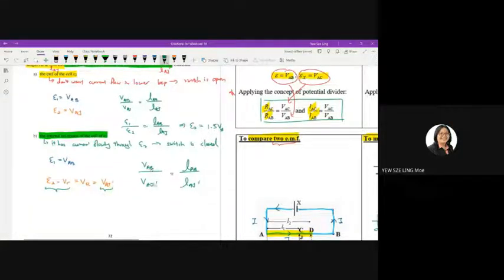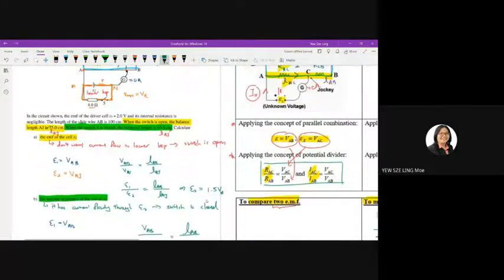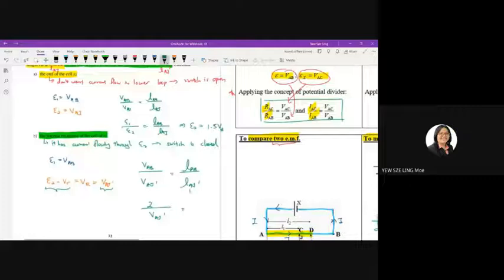VAB over VAJ equals to LAB over LAJ. VAB is 2 over VAJ prime, which we don't have the value of yet. It equals LAB, which is given as 100 cm. LAJ prime is given as 65 cm.